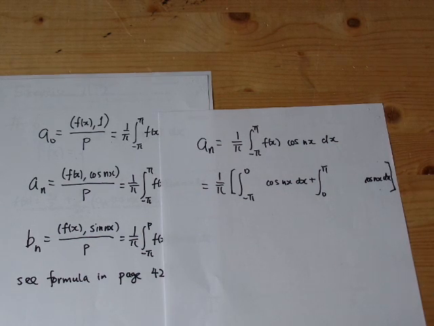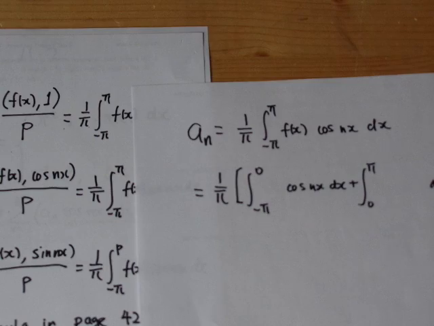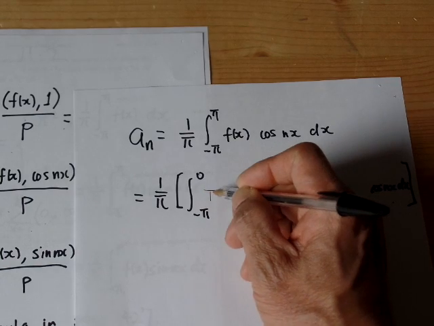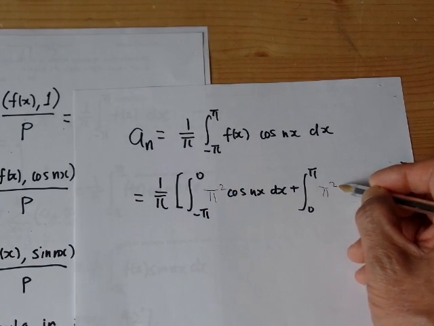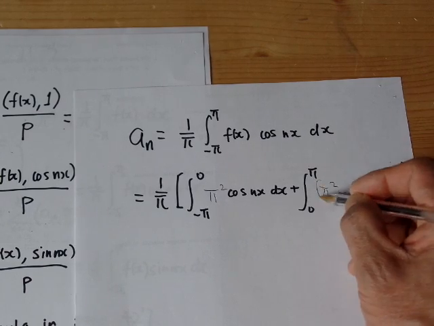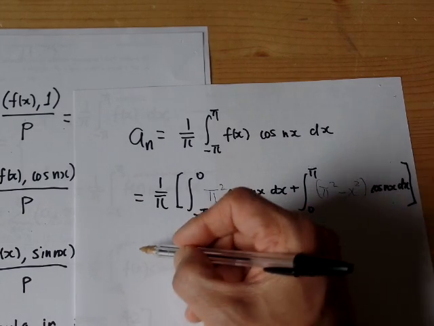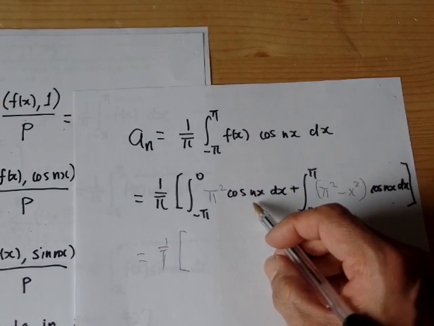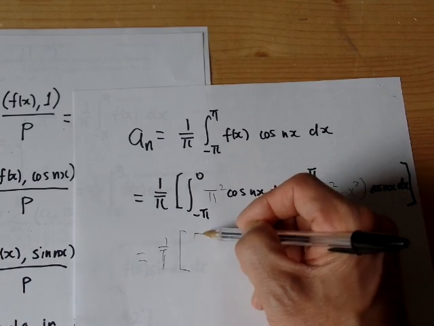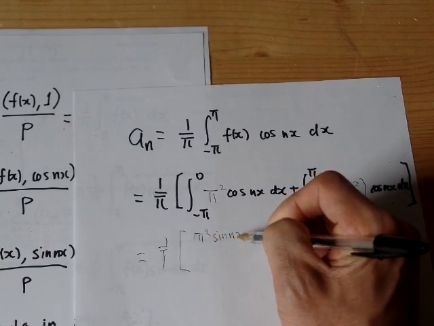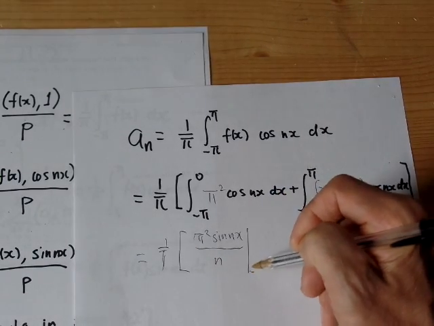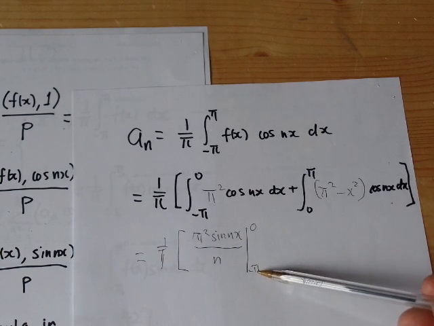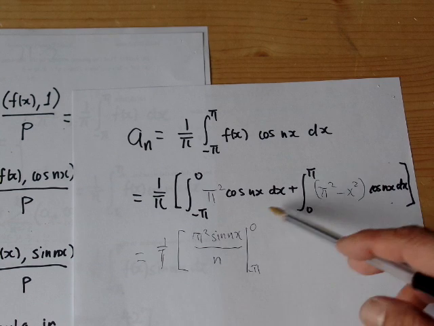Unlike the example in the book, this one is not 0, so this is actually pi squared, and that's pi squared minus x squared. Integrating this, integrating cosine nx, you get sine nx over n. We have to substitute x equals 0 and x equals minus pi. But we know that's going to be 0, so this whole thing is going to be just 0.